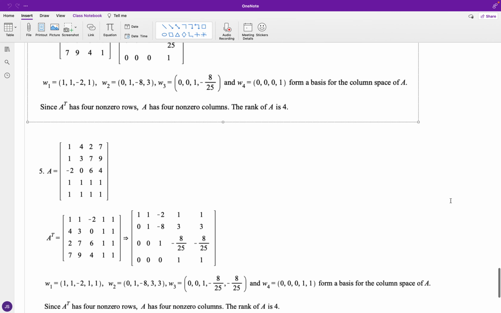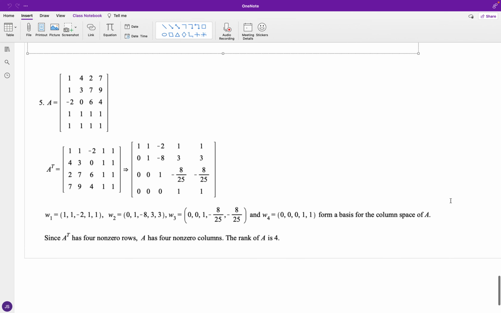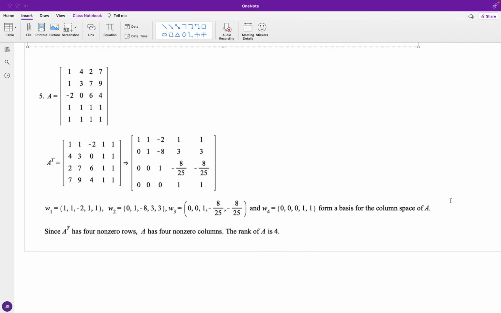And with the matrix A in the prior case, when we looked at row space, we had the presentation of a 5x4 matrix. Looking at the basis for column space, if I go through the pathway of taking the transpose, I'm arranging a 4x5 matrix and putting it in row echelon form. So we have 1, 1, negative 2, 1, 1, followed by 0, 1, negative 8, 3, 3, and then 0, 0, 1, negative 8/25ths, negative 8/25ths, and then 0, 0, 0, 1, and 1.